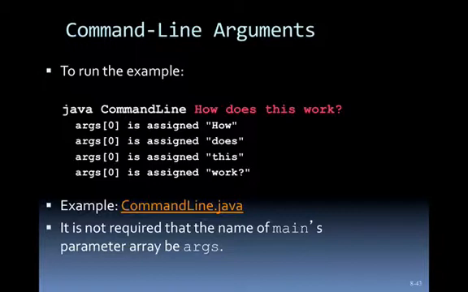Then after that, you could put a space, and everything that followed that space would be part of a set of command line parameters or command line arguments that could be passed into your program. So in this case, the phrase "how does this work" gets passed into the program's main method.